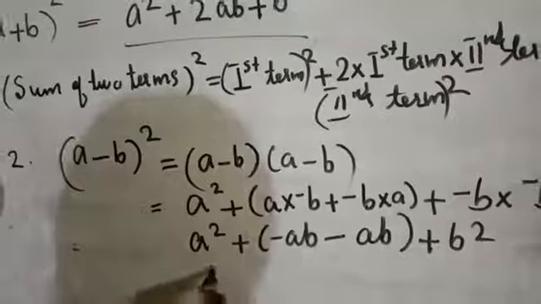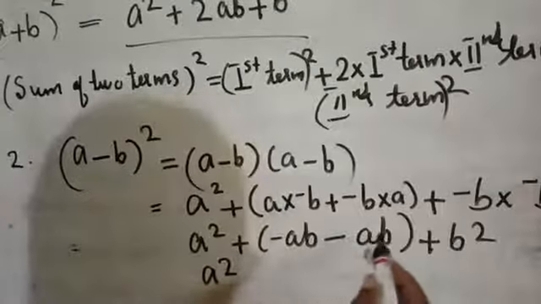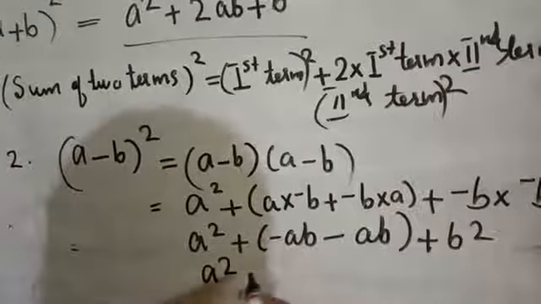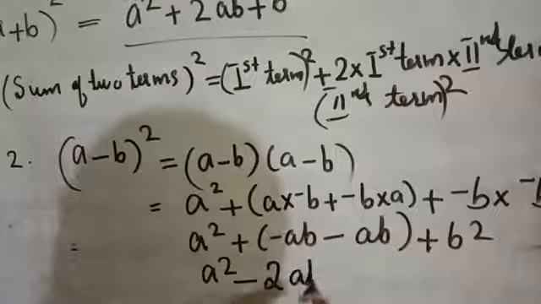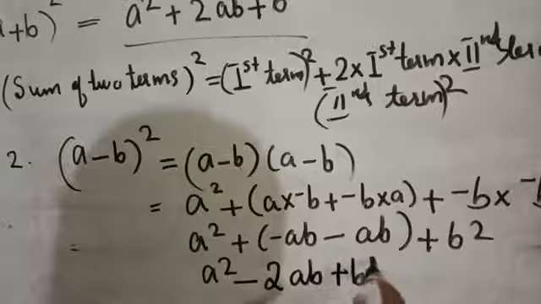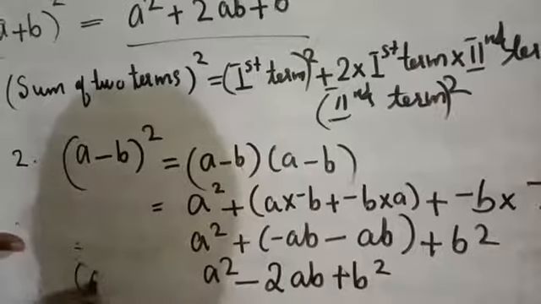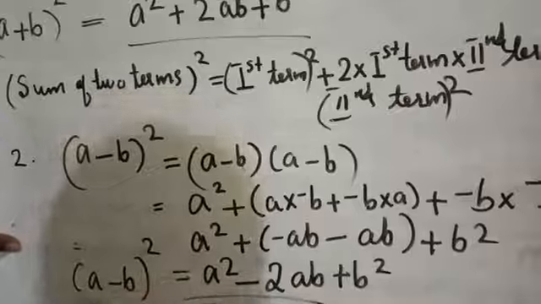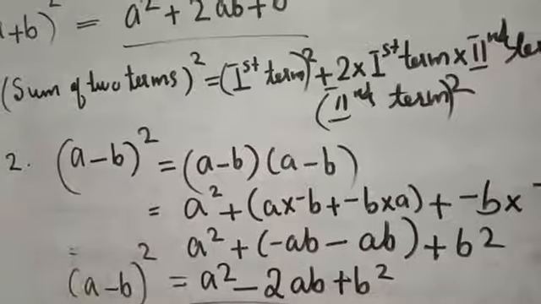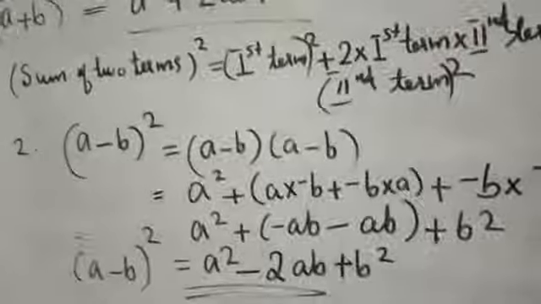So a square, negative 1ab, negative 1ab, both are same sign so add, negative 2ab plus b square. So what is a minus b the whole square? A minus b the whole square is equal to a square minus 2ab plus b square.